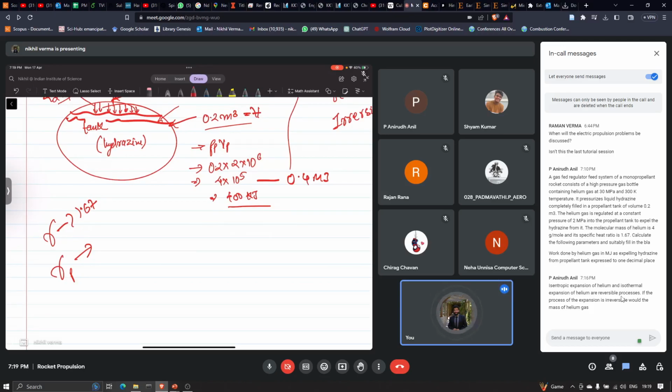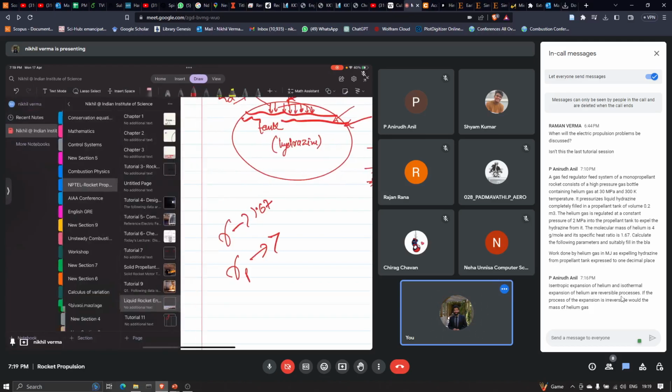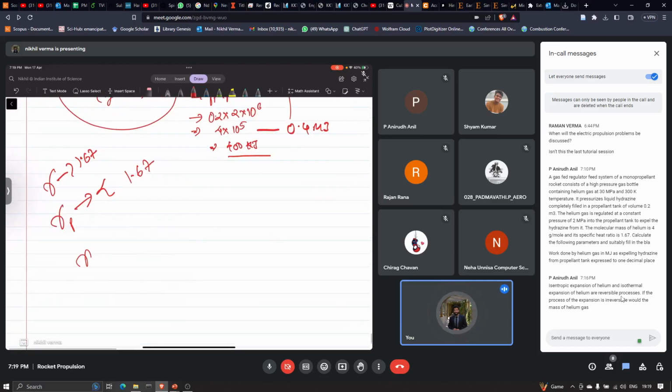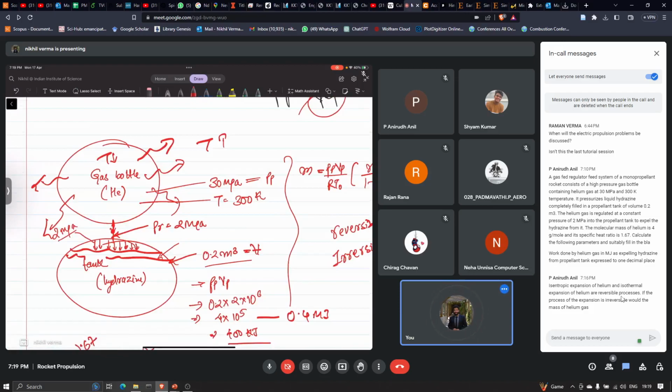The gamma for a polytropic process will usually be less than 1.67, so the mass that will be required will be less. Let us look into that. There is a temperature change, so some of the heat is getting into the system, due to which the helium will boil off and again increase the pressure.